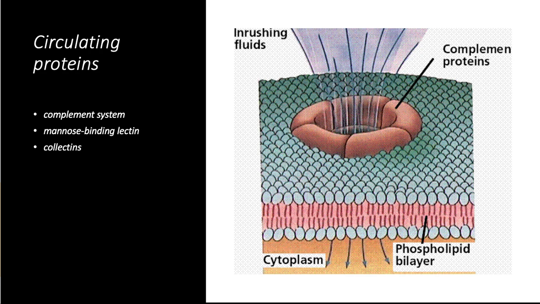A circulating protein called mannose-binding lectin recognizes microbial sugars and promotes ingestion of microbes and activation of the complement system. Other proteins called colectins also bind to microbes and promote their phagocytosis.